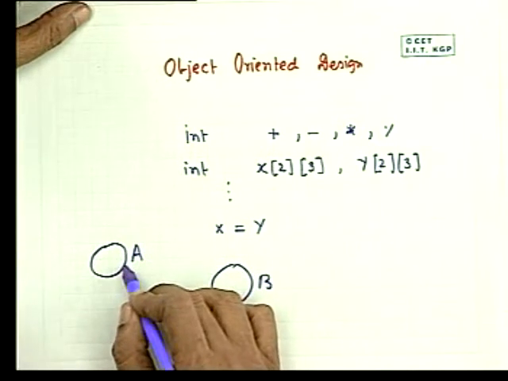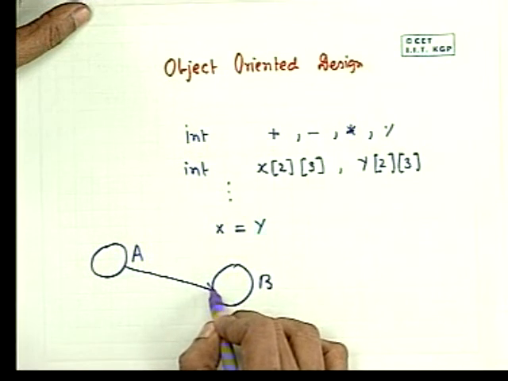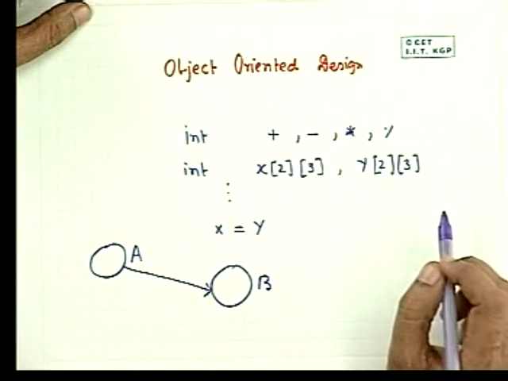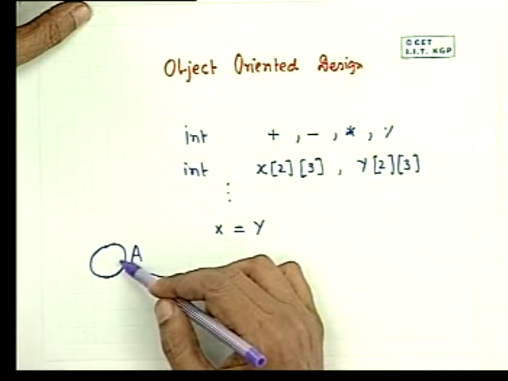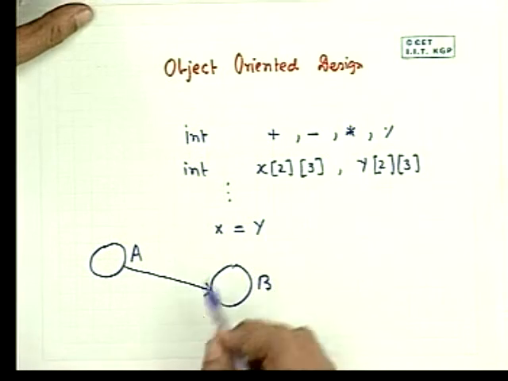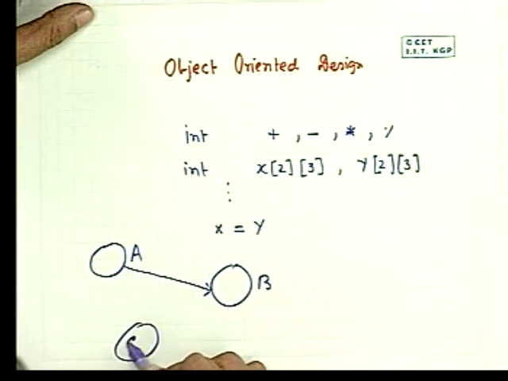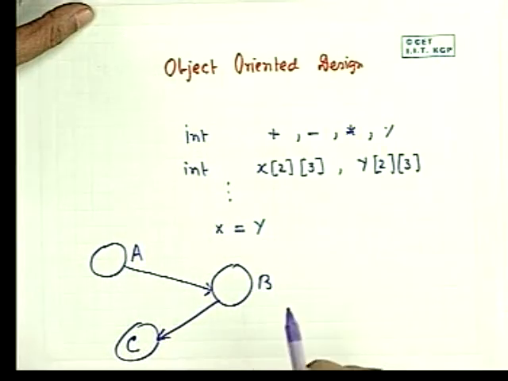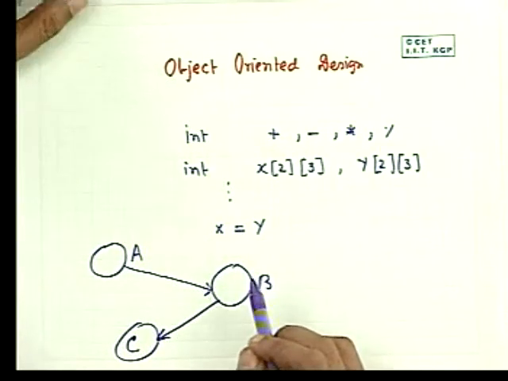We design the software such that whenever necessary, an instance of object A can send a message to object B, which in turn can send a message to object C to perform certain operations defined in the class of C.